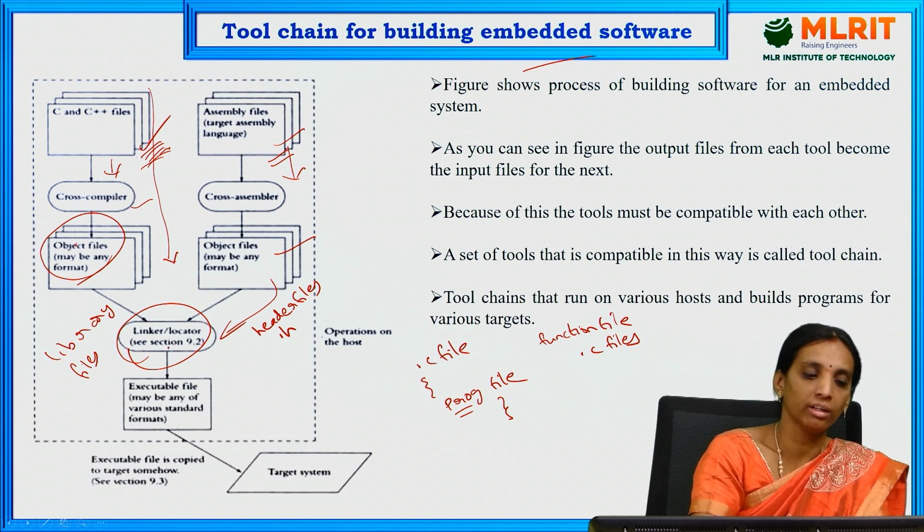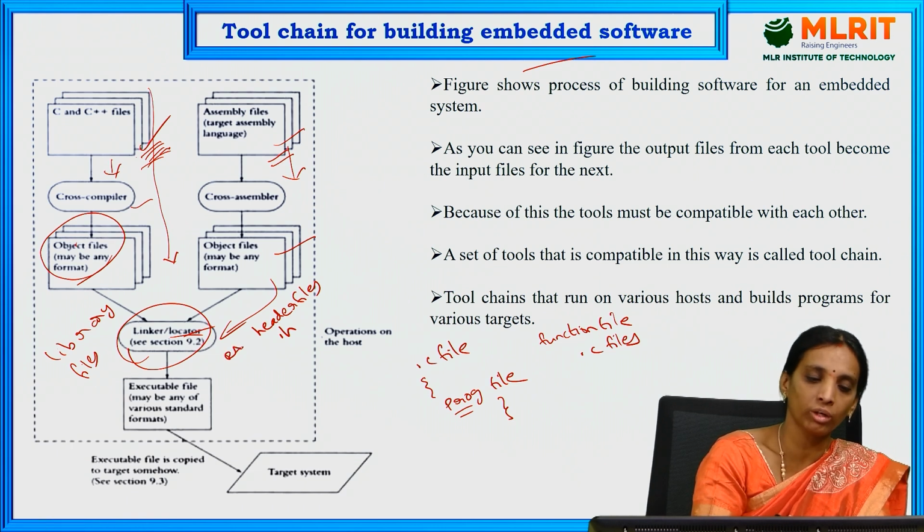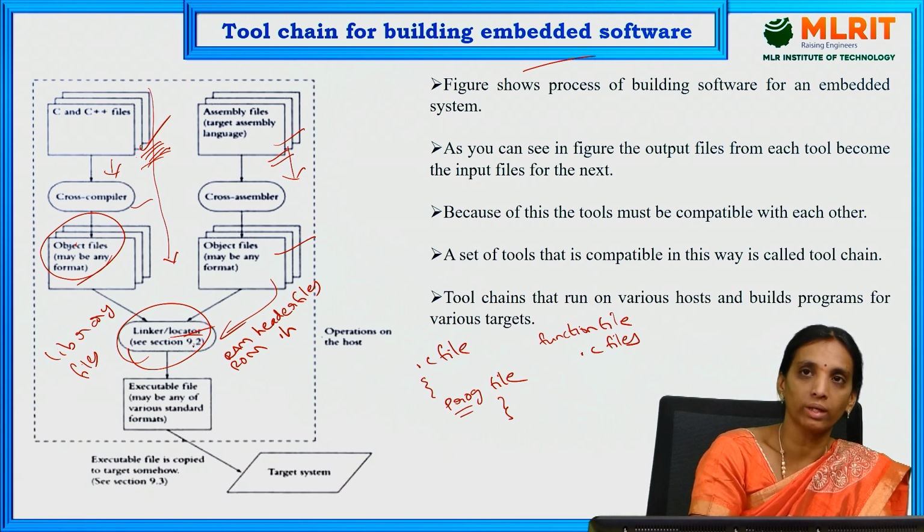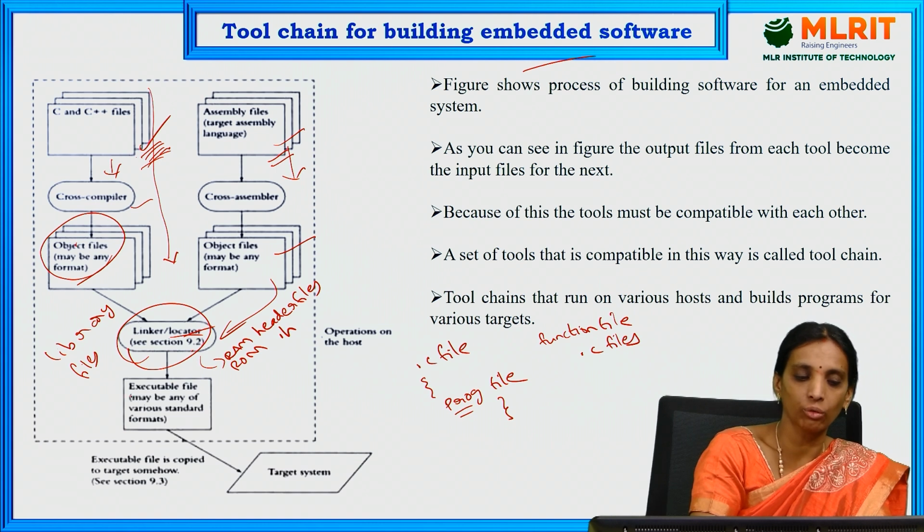The linker will combine all these files into one image file, which is a relocatable image file, and it is given to the locator for allocating memory for this program. After assigning the RAM memory locations and ROM memory locations to the current program, the locator generates the executable file.